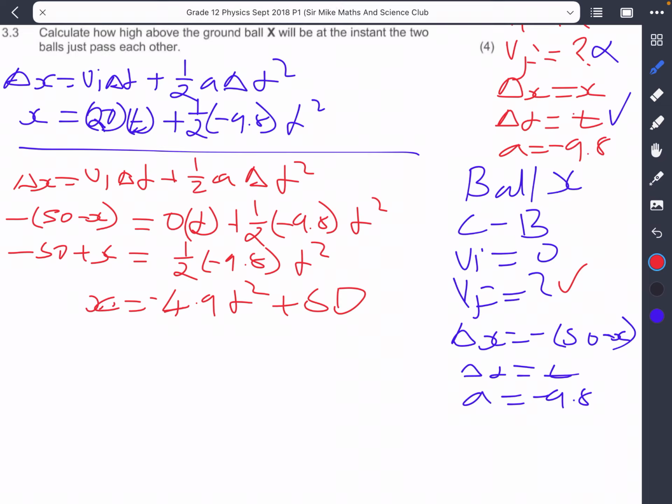But in this case, x is equal to x, so I'm just going to equate those two equations.